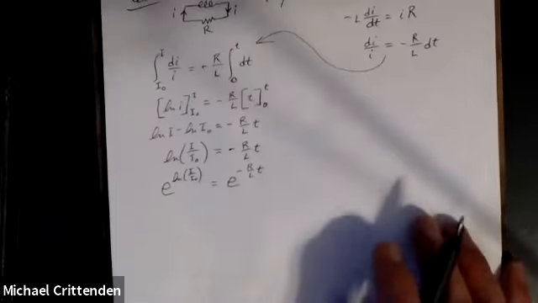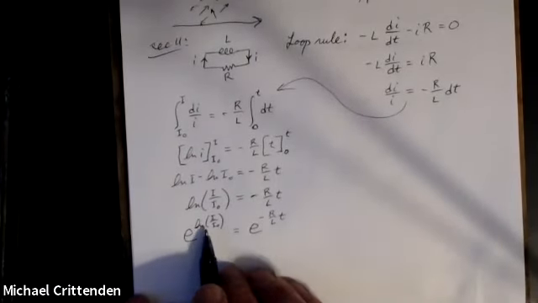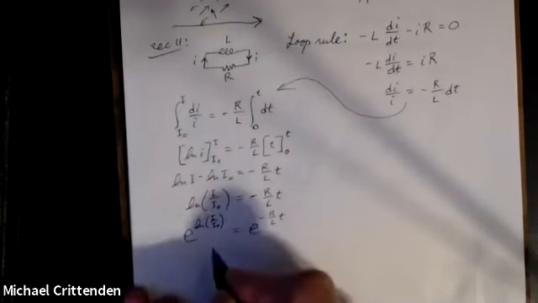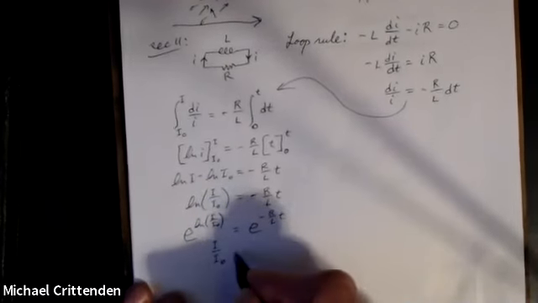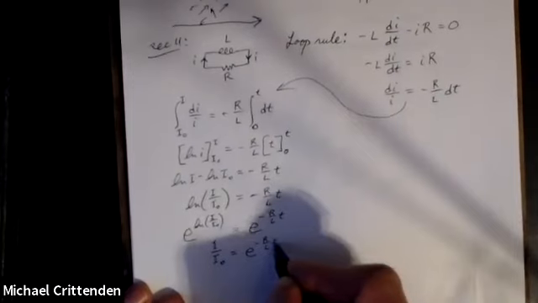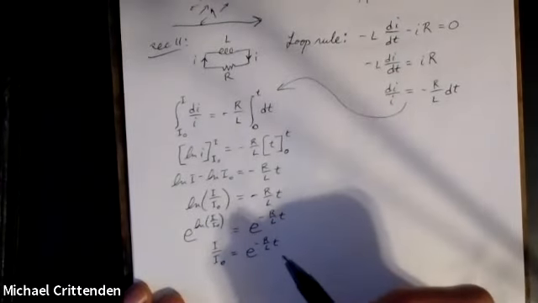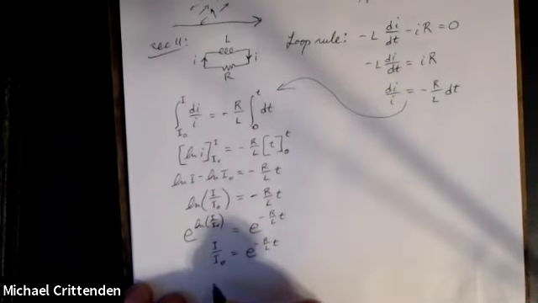Means the same thing. Well, a function and its inverse function cancel each other out. That's like when you square a square root or something like that. So this over here is just I over I naught. And finally, just multiply both sides by the original current.